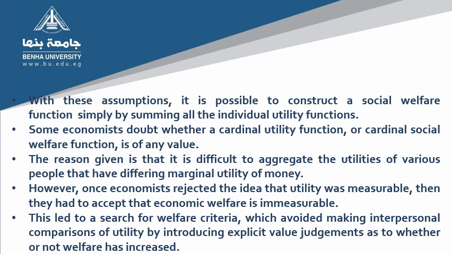However, once economists rejected the idea that utility was measurable, then they had to accept that economic welfare is immeasurable. This led to a search for welfare criteria, which avoided making interpersonal comparisons of utility by introducing explicit value judgments as to whether or not welfare has increased.